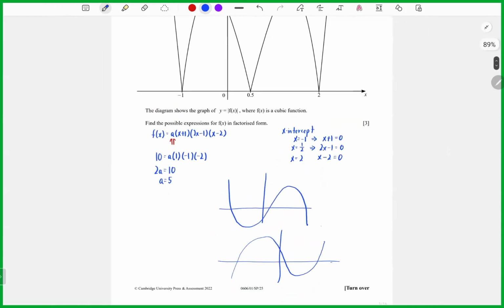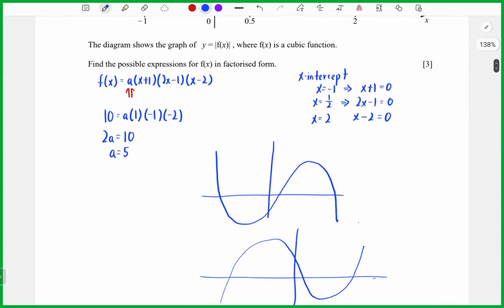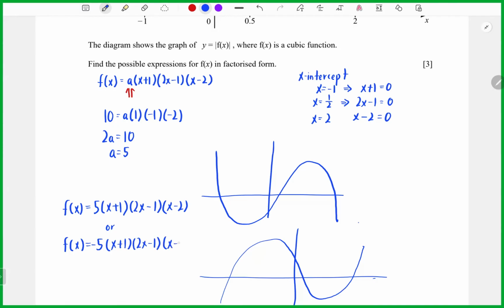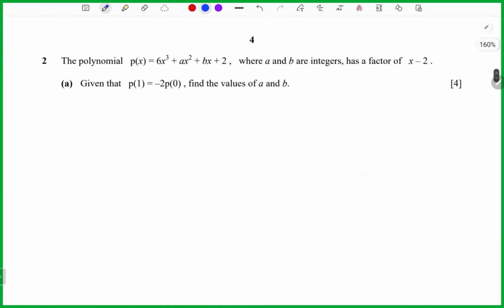So we can write f(x) equals 5(x plus 1)(2x minus 1)(x minus 2), or f(x) equals negative 5(x plus 1)(2x minus 1)(x minus 2). Let's see the next question.